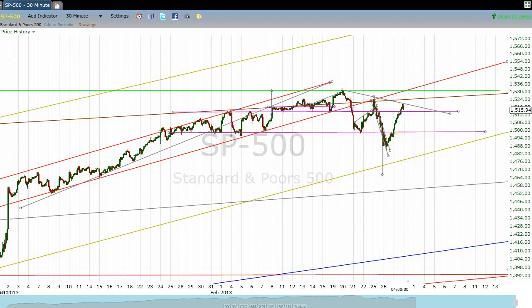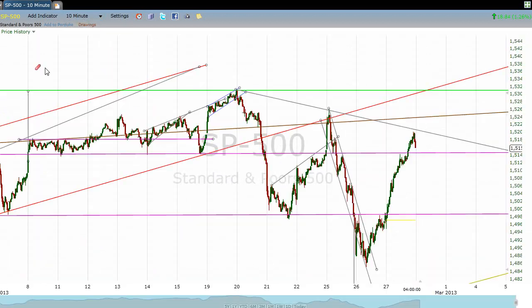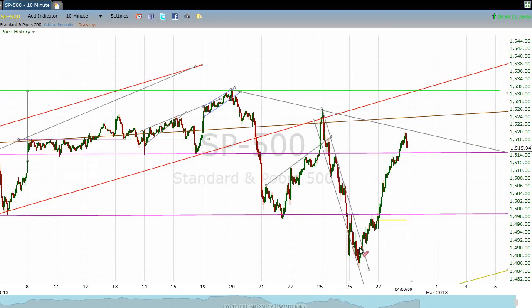And I mentioned also at the time that the degree to which this plunge took place was almost exactly the same degree that we got above this range back at the beginning of the day on Monday, very, very early in the session. So I'm not trying to make excuses.